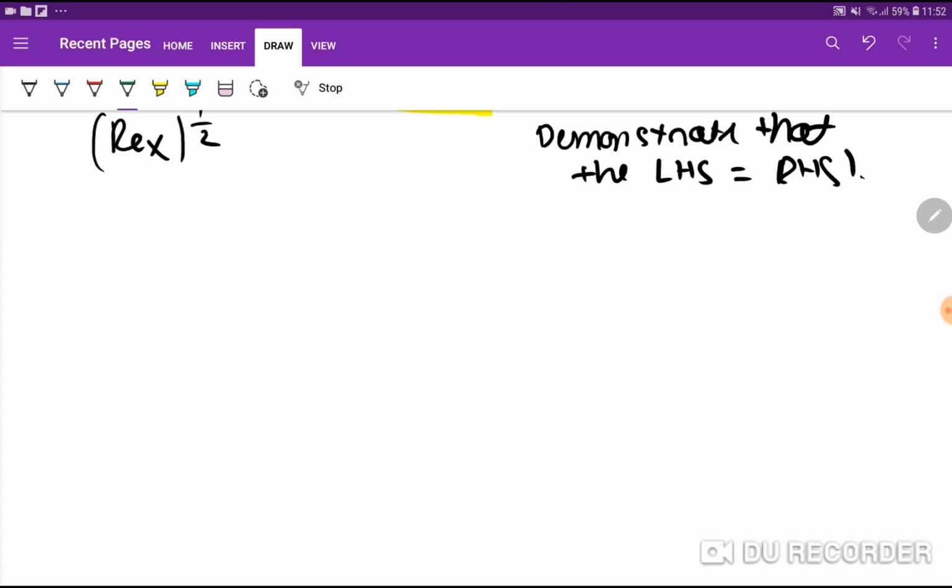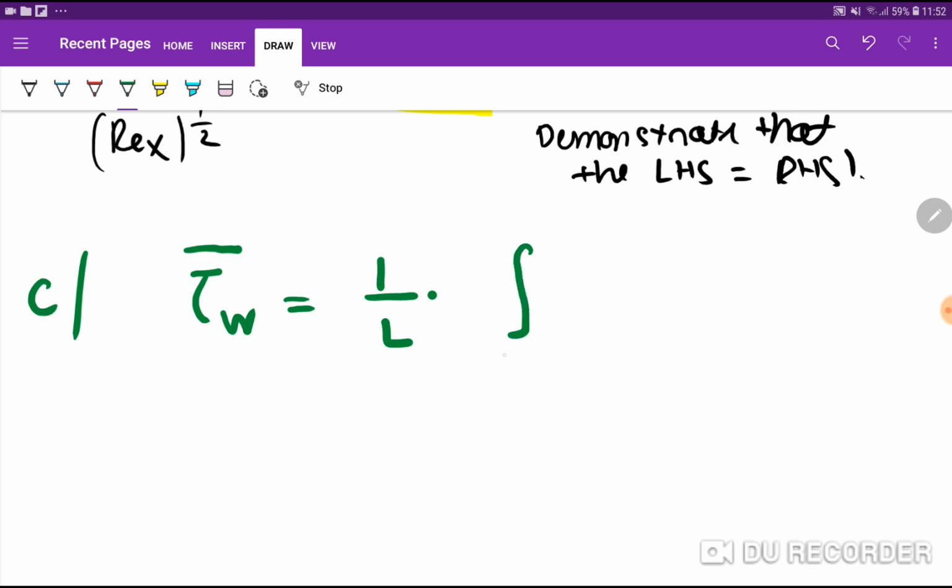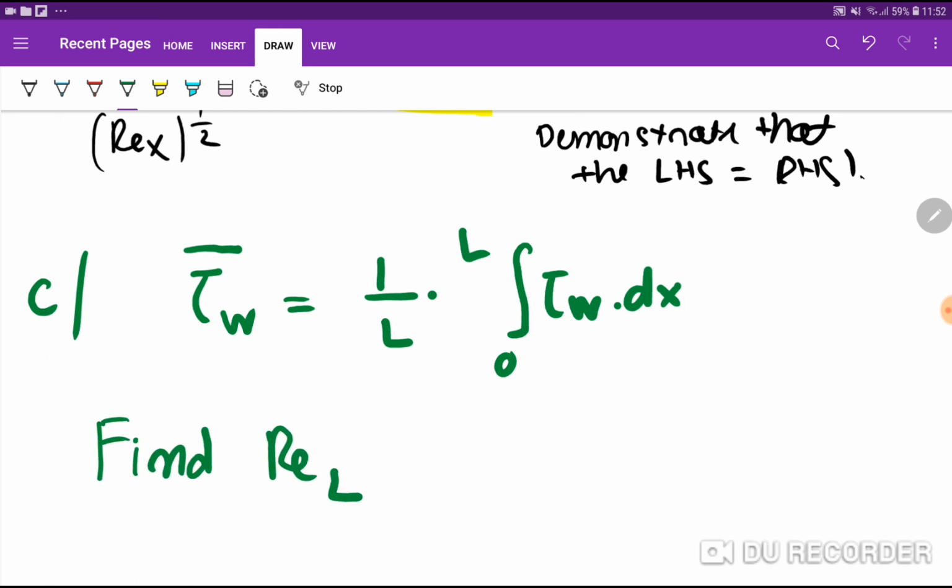So part C. What does part C say? Part C, they give us this term, tau w with a bar over it, equal to 1 over L times the integral from 0 to L of tau w dx, and they ask us to find the Reynolds number in terms of L. Sorry, I apologize.